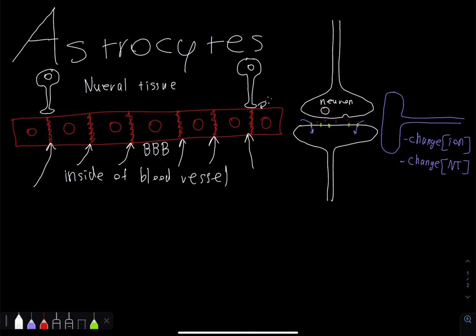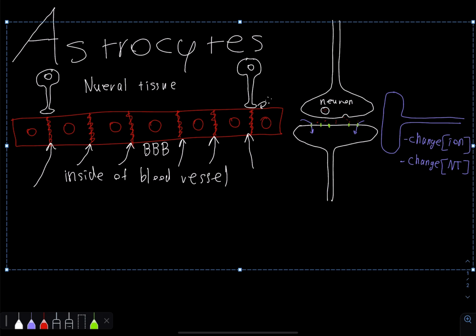So these astrocytes can modulate the permeability of the blood-brain barrier. So those are astrocytes. That's generally what they do. Next, and by the way, astrocytes are the most numerous type of glial cell.